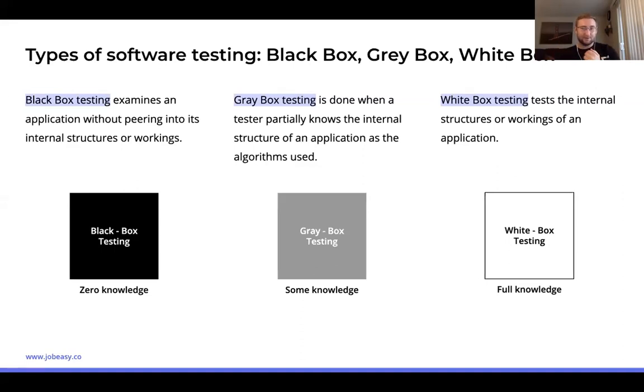They don't go into the code. They don't really look into the databases. They don't really know what the coding algorithms or coding structures are that the application is based on. Black box QA engineers are users like me and you and other people that work for the company and know how the application is supposed to function. That's what we call a black box tester, or, on this slide, black box testing.